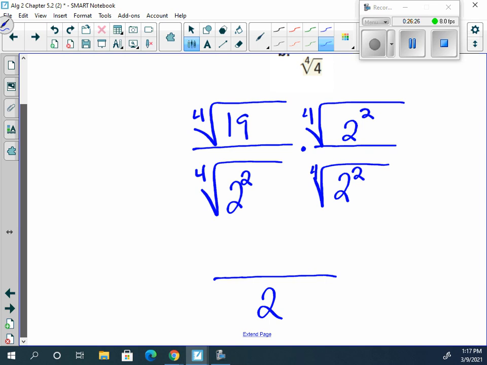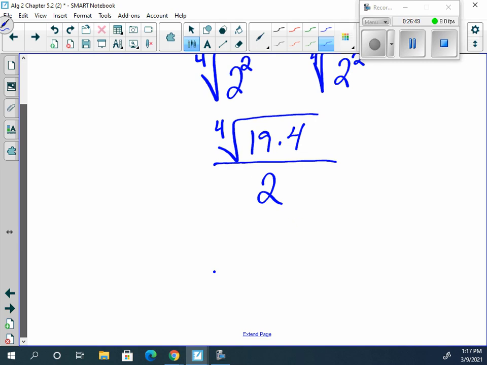Because if 19 had 2 squared as one of its factors, and with the other 2 squared, that would give me 4 2's, yes? Then it would reduce. Well, since I know 19 is prime, 2 squared is not going to reduce. Whatever we're going to have here will not reduce either. So we're going to have 19 times 4, because 2 squared is 4. And then we just need to multiply these here.